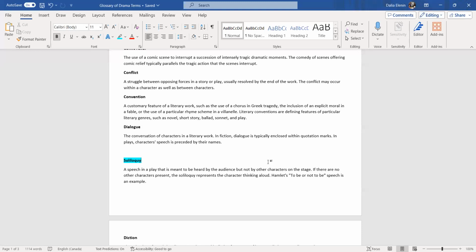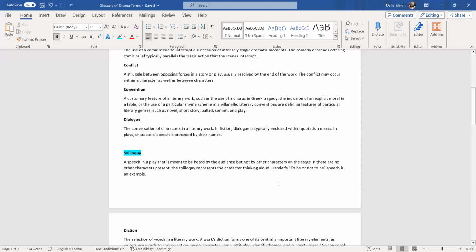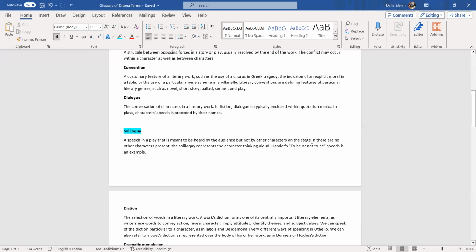How do we know, as an audience? We know it when they speak this way, as a soliloquy. So we can tell that this is a soliloquy if there are no other characters present. So you will see no characters around on the stage.